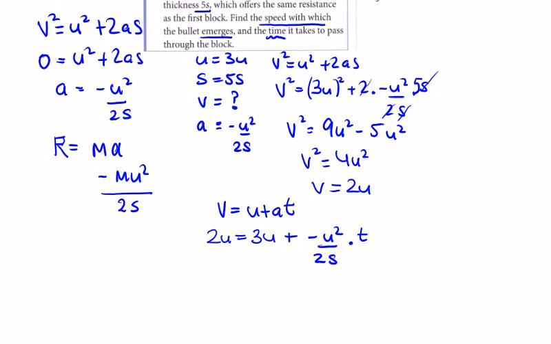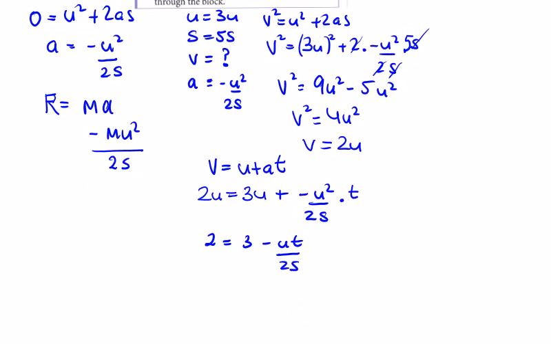So if I divide across by u, I'm going to get 2 is equal to 3 minus ut over 2s, and if I bring that to the left and the 2 to the right, I'm going to get ut over 2s is equal to 1. So t is equal to 2s over u, the time taken to emerge.